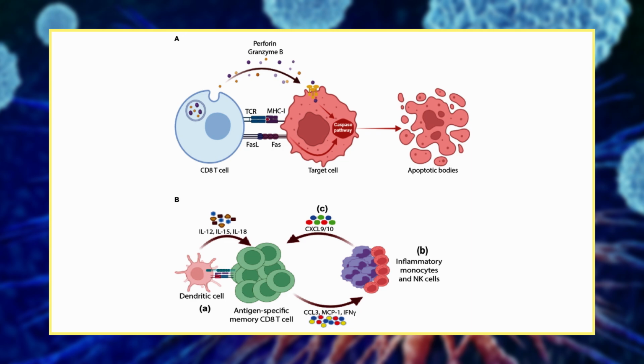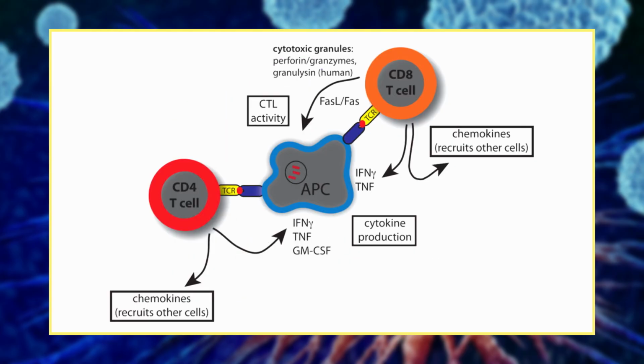CD8 CTLs kill infected or abnormal cells using perforin and granzymes, while CD4 helper T cells release cytokines to enhance the macrophage function, activate CTLs and support the B cell responses. The regulatory T cells limit the excessive immune activity to prevent tissue damage, ensuring immune homeostasis. This coordinated system provides targeted, long-lasting defense against intracellular threats.